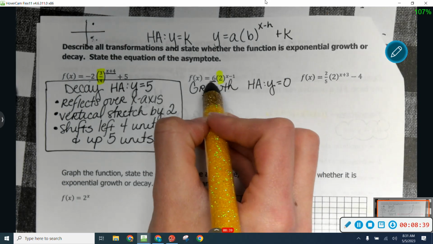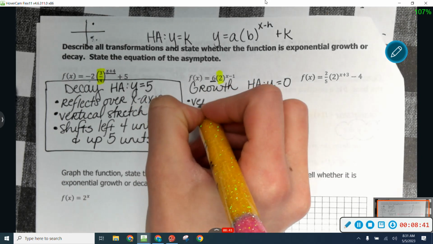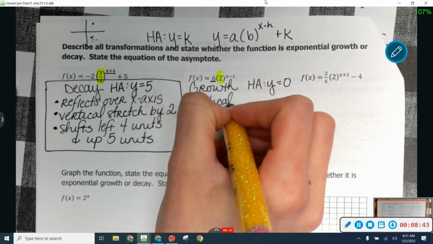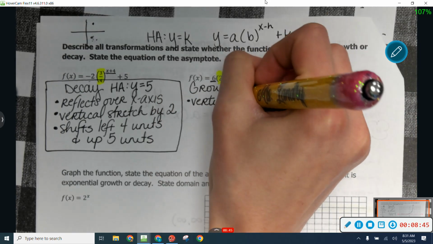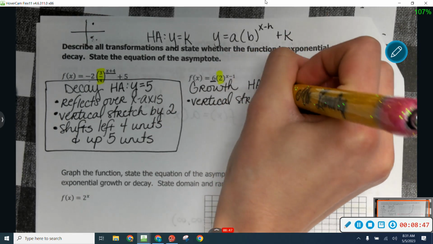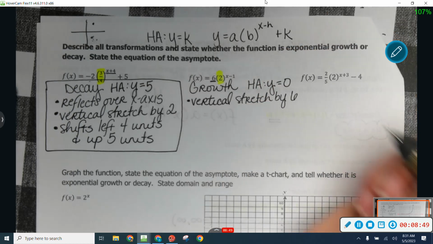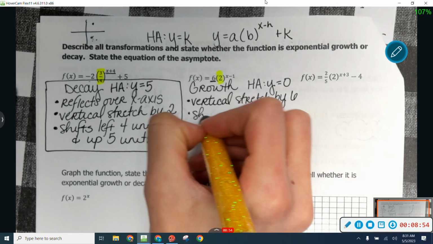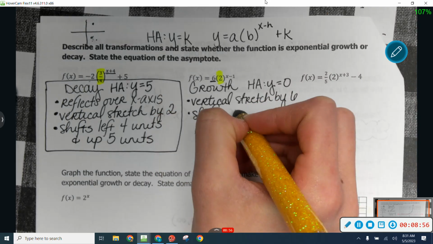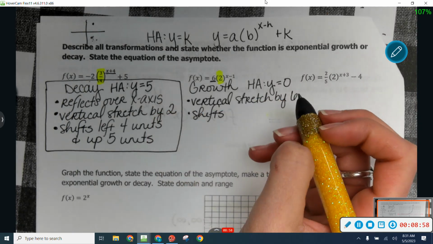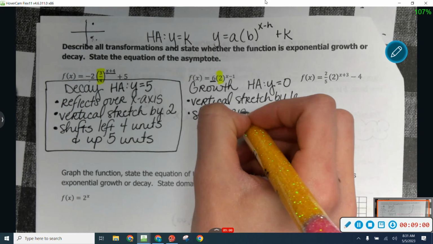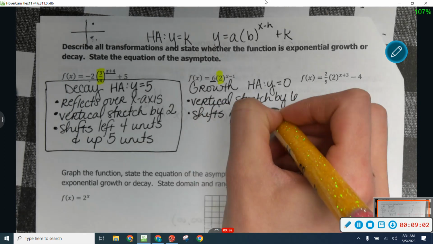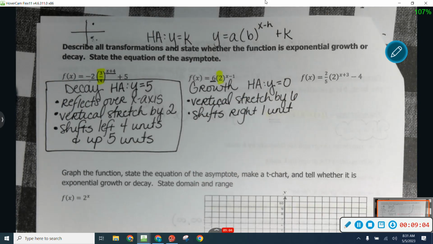Now this 6 in the front tells me it's a vertical stretch by a factor of 6. And then the x minus 1 tells me it shifts where? Opposite of what it looks like, so right 1 unit. And that's it.